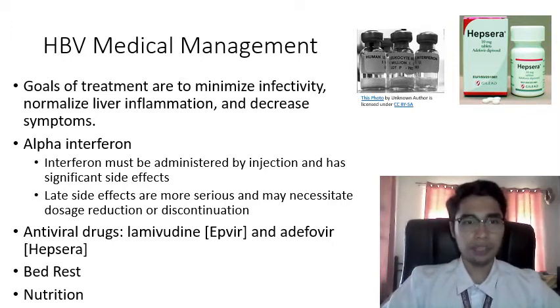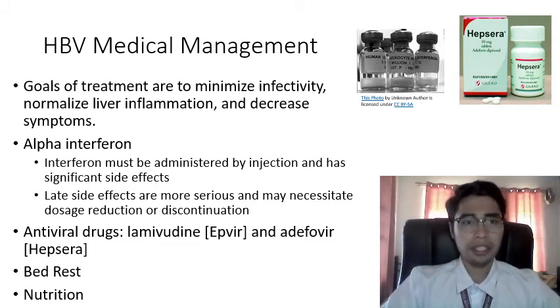Alpha interferon, as the single modality of therapy, offers the most promise to treat hepatitis B virus. Alpha interferon is produced by white blood cells other than the lymphocyte. All interferons inhibit viral replication by interfering with the transcription of viral nucleic acid.